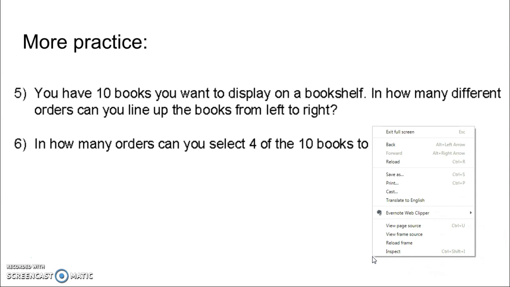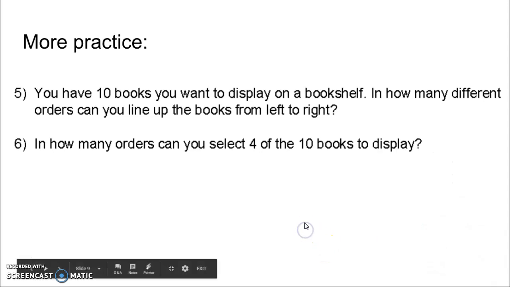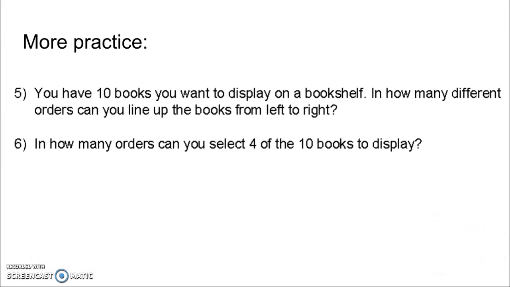A related question, if we were to select 4 of those 10 books to put out on display, like a teacher in a classroom or a person who wanted to highlight some books they've been reading lately. And so that is the permutation of 10 items taken 4 at a time. So we would take 10 factorial in our numerator. The denominator, we go 10 minus 4, which is 6 factorial.